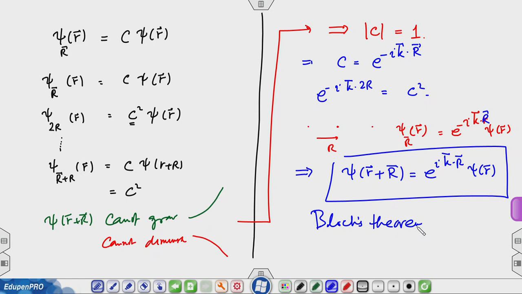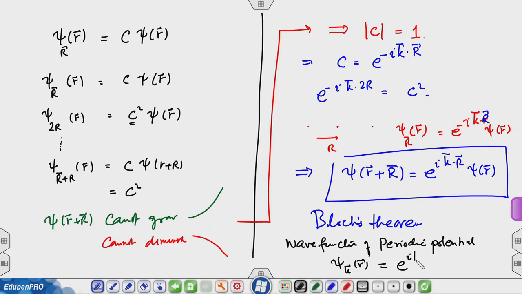Sometimes it is also written in a slightly different way: the wave function of a periodic potential is psi k r equals e raised to i k dot r u k r, where u k r is periodic.